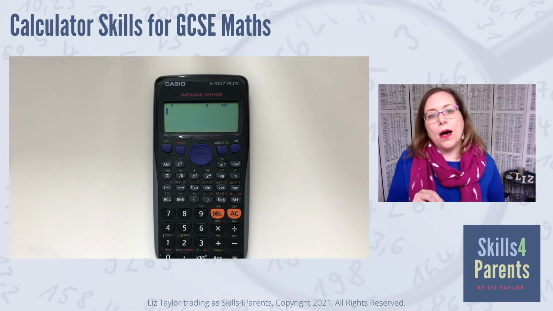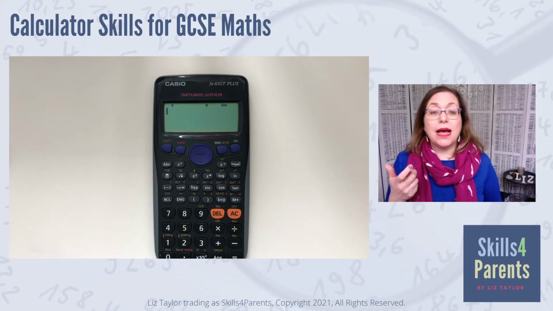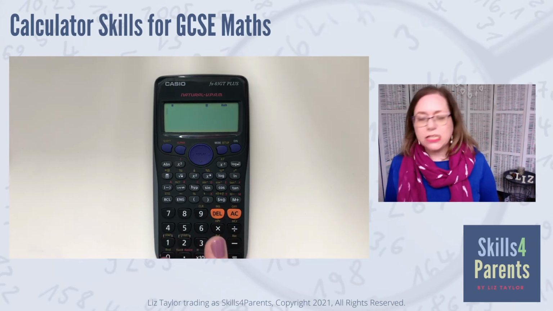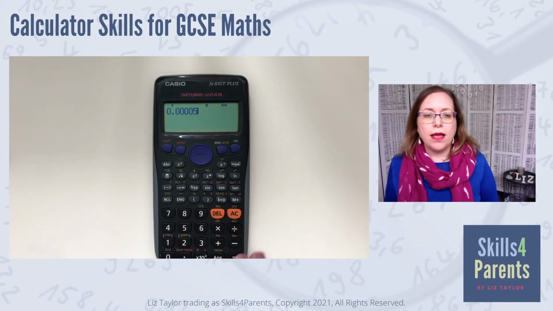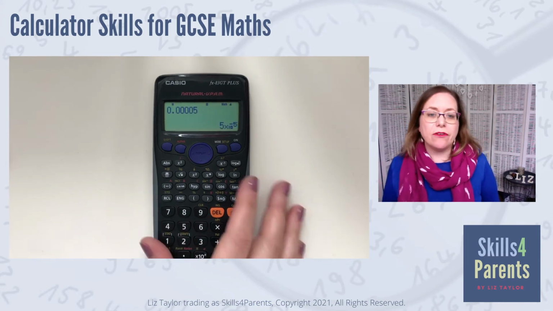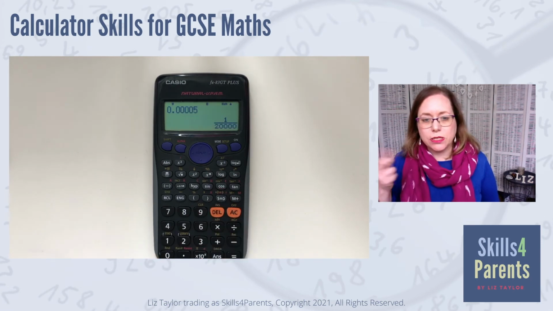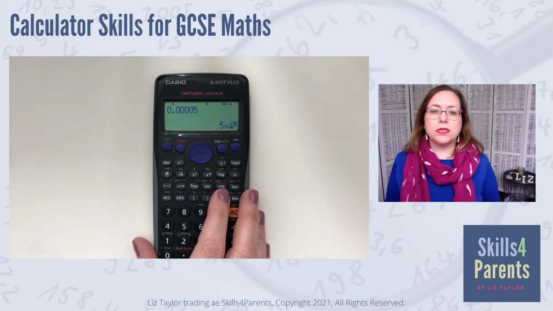Norm 1 goes between standard form and a fraction. So let's do 0.0005, and it will give me the answer in standard form and then go to a fraction if I use the SD button, because the SD button goes between your different results.